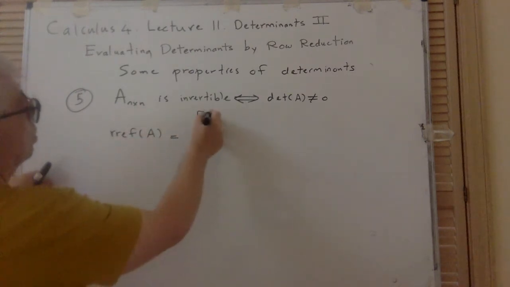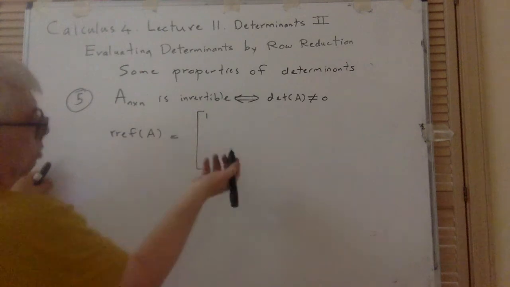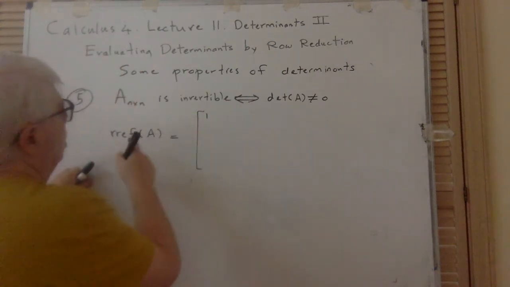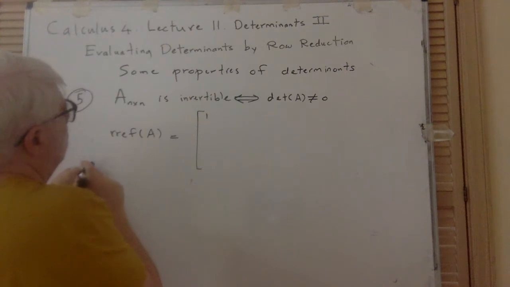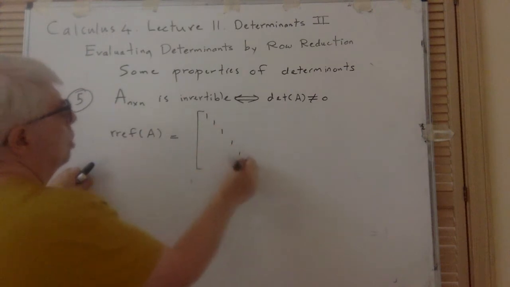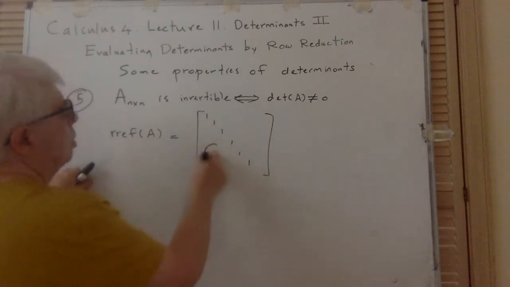Remember the RREF of A is something like this. You have something here with 1, well, the RREF has all 1s in the diagonal, right? And 0s here.